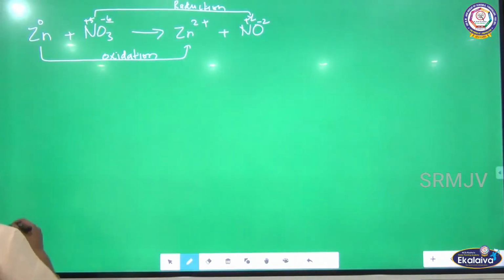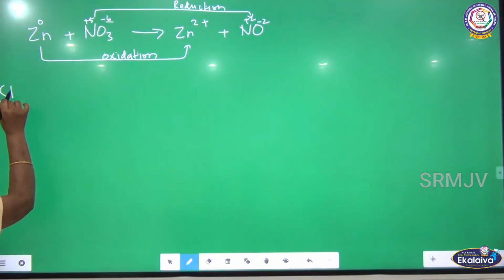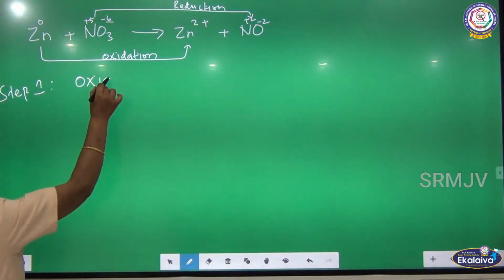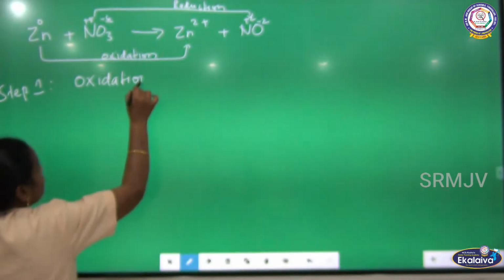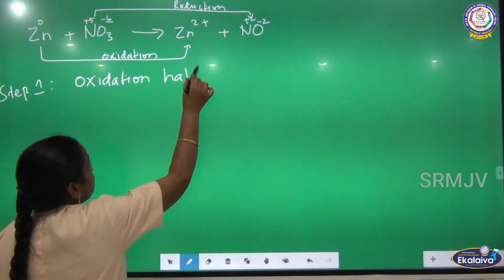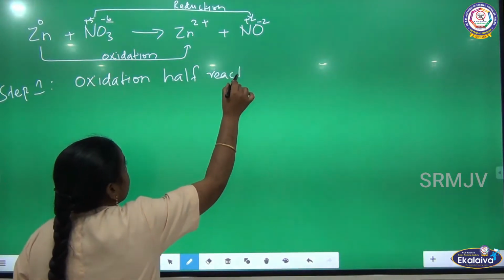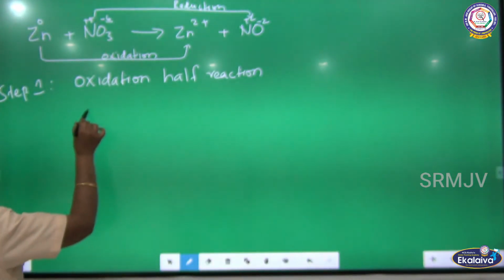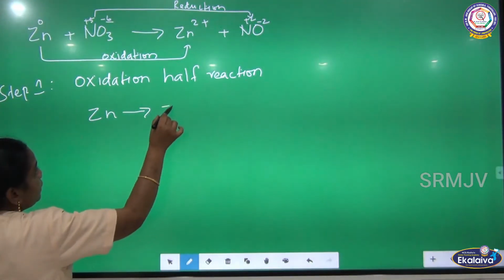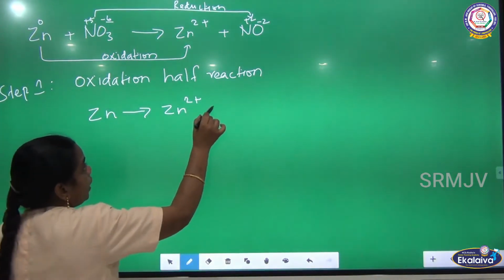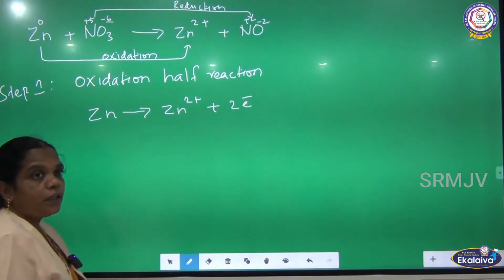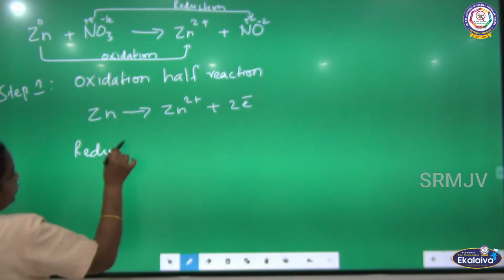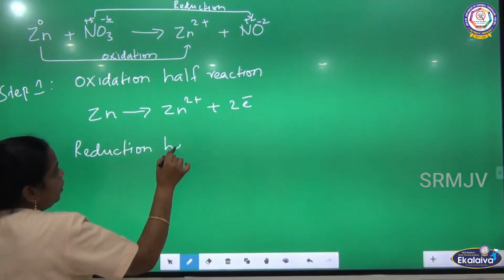Now you write the half cell reactions. Step 1. In step 1, oxidation half reaction, zinc. Zinc becomes zinc 2 plus by losing 2 electrons. And next, reduction half reaction.